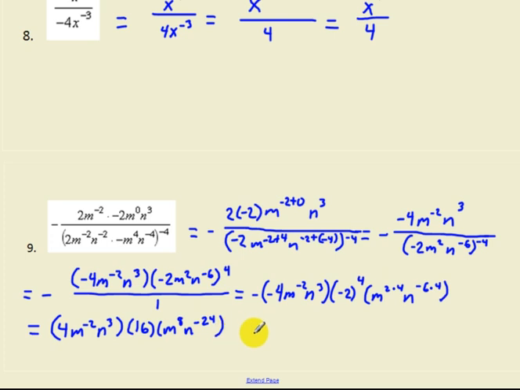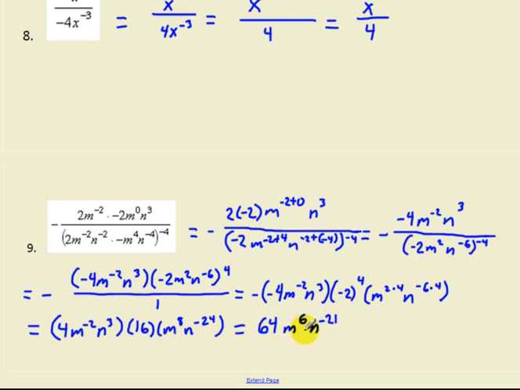Okay, having fun yet? Oh yeah, this is good. So we have 4 times 16 is equal to 64, and now we can add exponents between the two terms. So we have m to the negative 2 plus 8, which is m to the 6th, and then n to the 3 plus negative 24, which is negative 21.